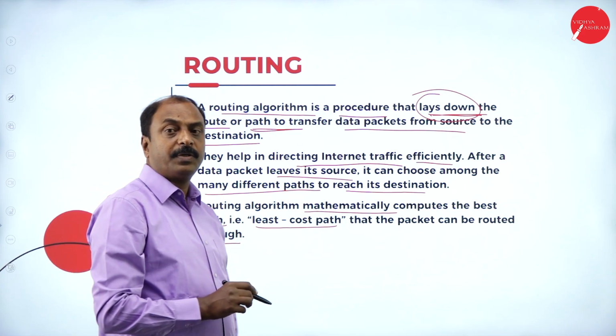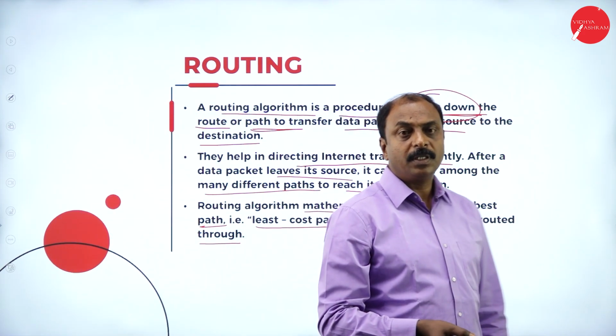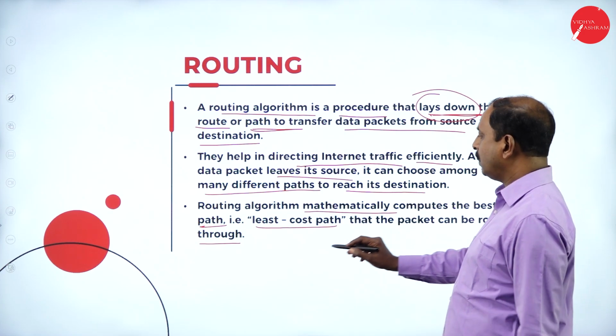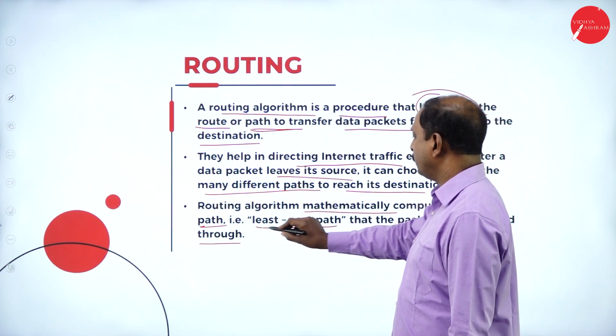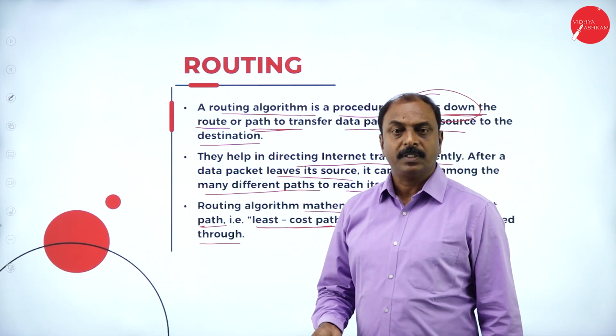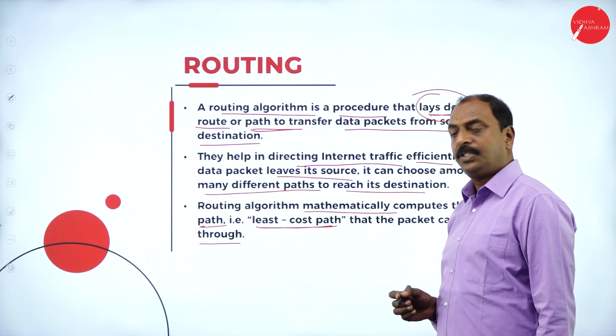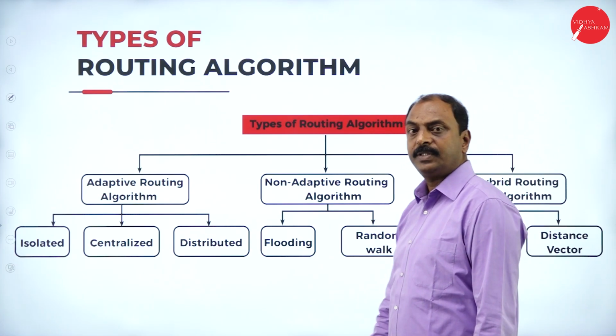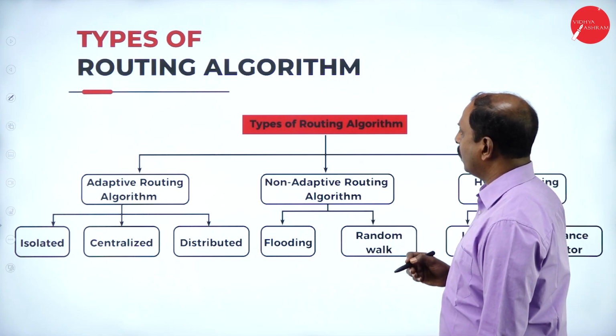Here we are going to decide the best path in the routing table based on the least cost path. Based on this concept, it decides the best path between the source and destination.